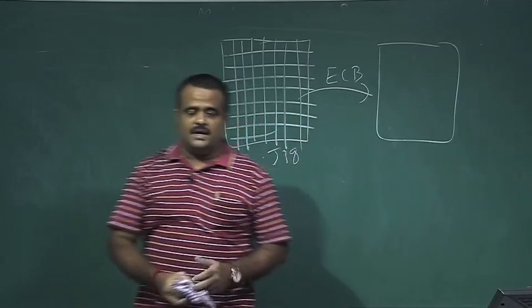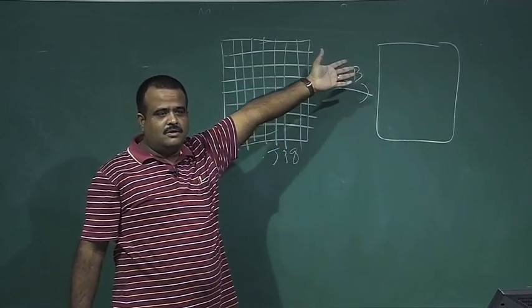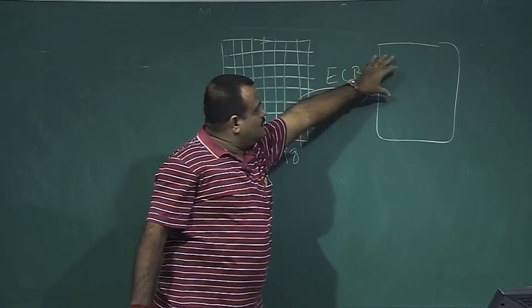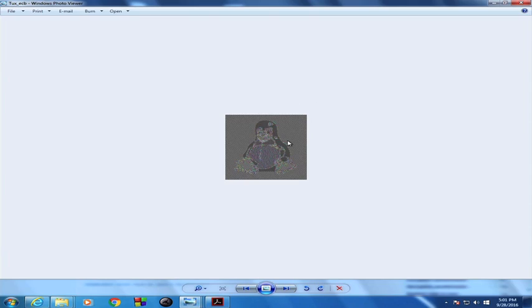But if that block has the same value, then the ciphertext block will get the same value. So, that is why the borderline, that is why this picture is coming like this. But this is not a secured encryption, because anyone can guess that this was a penguin.